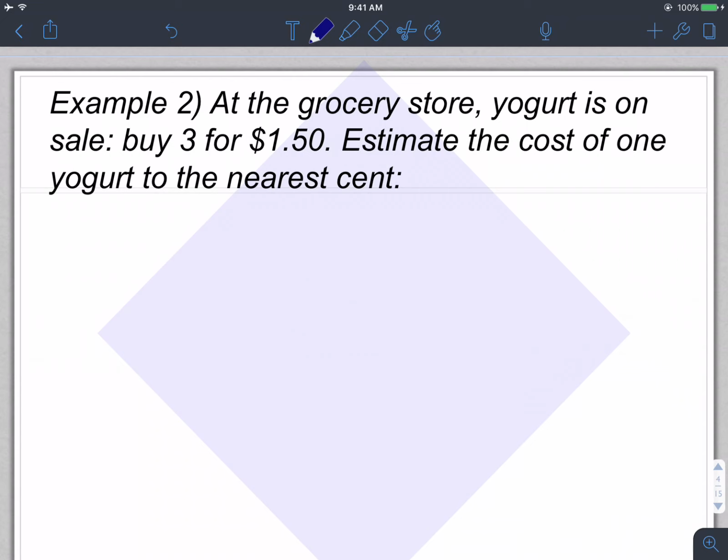That's me. Yogurt is on sale. Buy 3 for $1.50. Okay, estimate the cost to the nearest cent. Now, I'm going to do this by hand, but remember that you have these things right here to help you. So hopefully it's not too bad. Buy 3 for $1.50. All right, so if I buy all 3 for $1.50, the total's $1.50. Do I multiply by 3 or divide by 3?